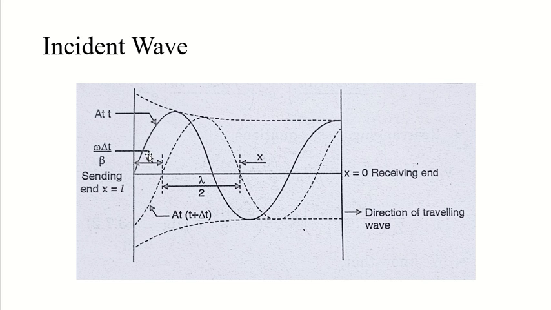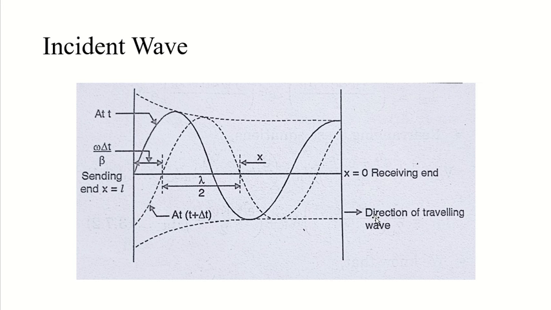So here you can see the distribution was advancing in phase, and how much did it advance? It advances omega delta t divided by beta, right? Now this wave which is traveling towards the receiving end, we call this wave the incident wave. It is traveling towards the receiving end, right?